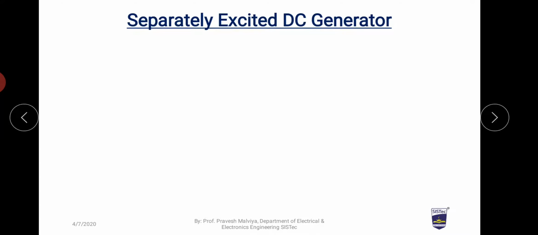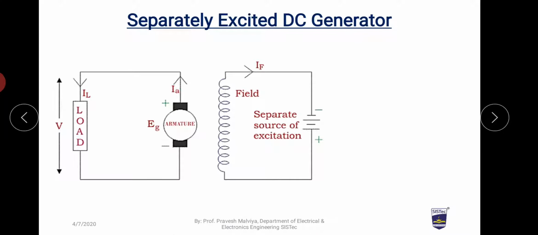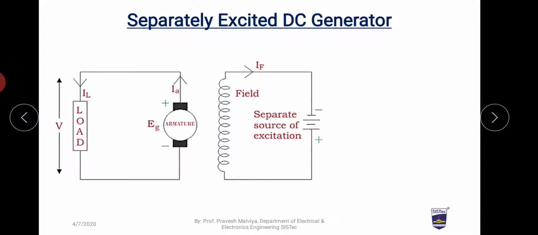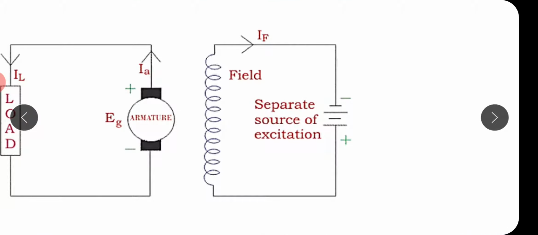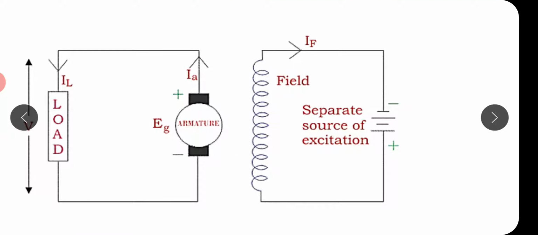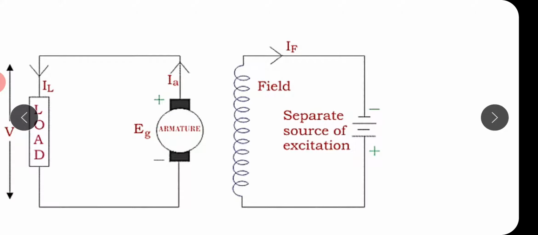Now coming to the second one, the separately excited DC generator. Here is the separately excited DC generator and we can see its circuit. In this circuit we can clearly see that the field of this generator is excited by a separate source. Separate means there is no connection between the field circuit and the armature circuit.